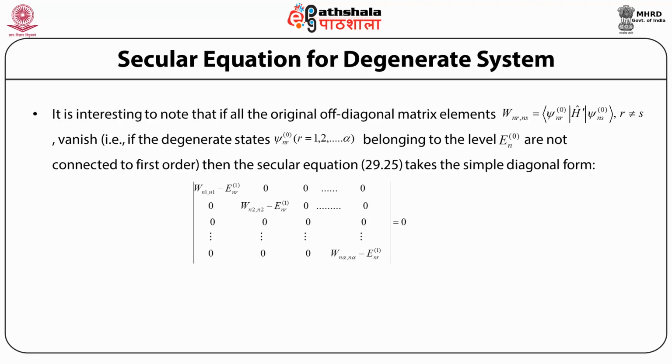What is that? The first element of the determinant is W_n1,n1 minus E_nr^1. All other elements in the first row are 0. The first element in the second row is 0. The second element is W_n2,n2 minus E_nr^1. Then 0, 0, all others 0. This way, the last row reads as the first term 0, the second term 0, the third term 0, and finally W_nα,nα minus E_nr^1 equals 0.